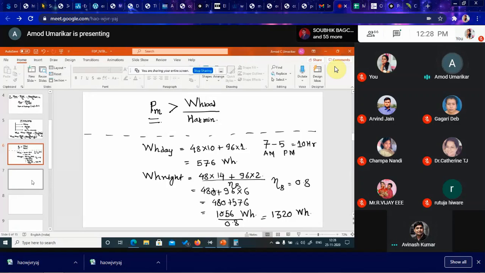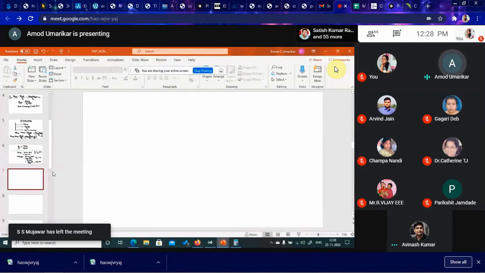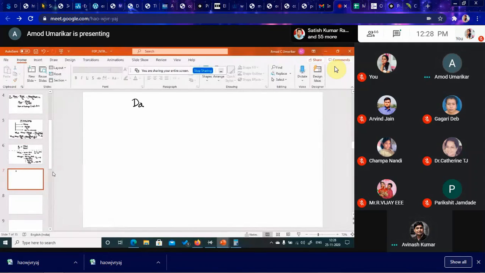What we are doing is battery sizing. So what will be the battery sizing? Let's say days of autonomy are 2. So what will be the total battery sizing?